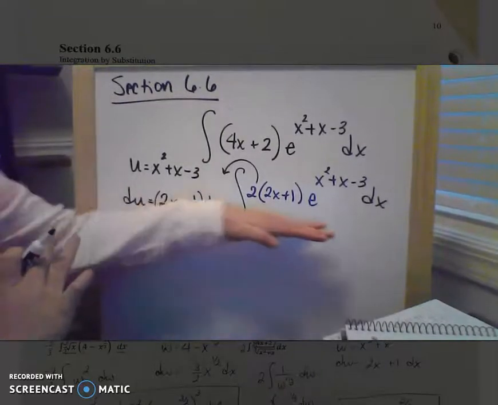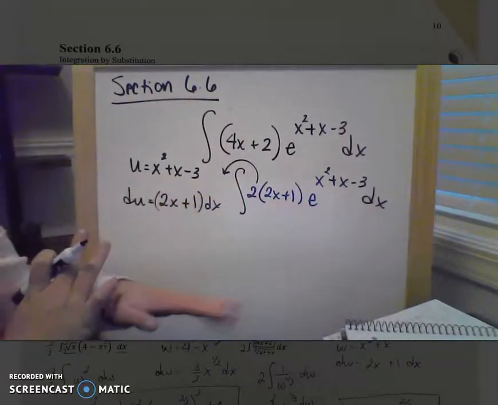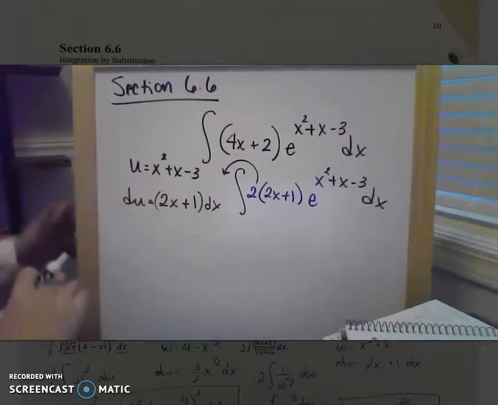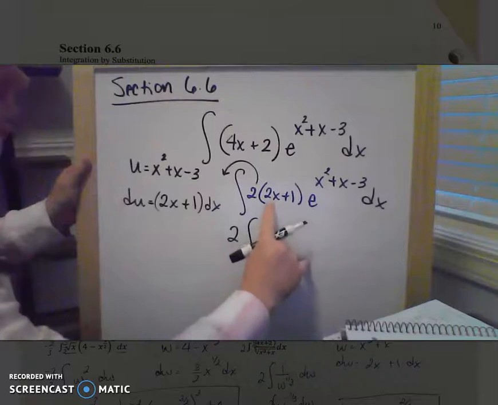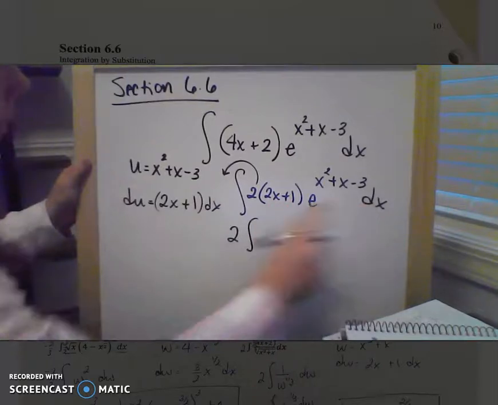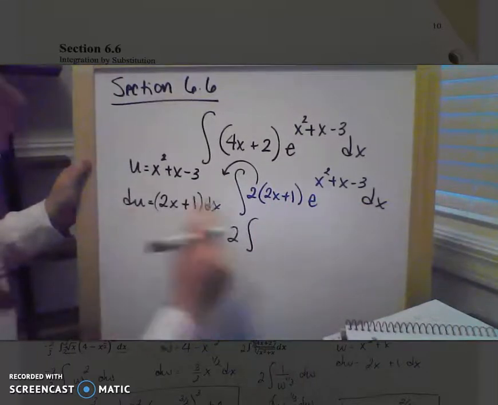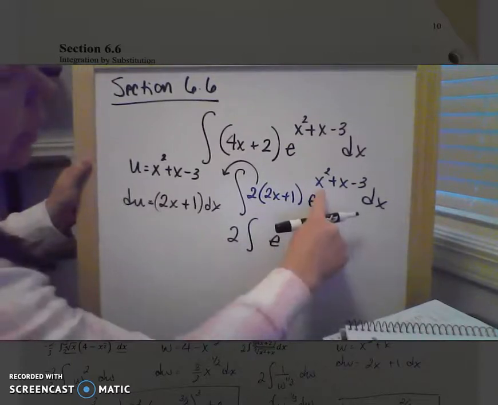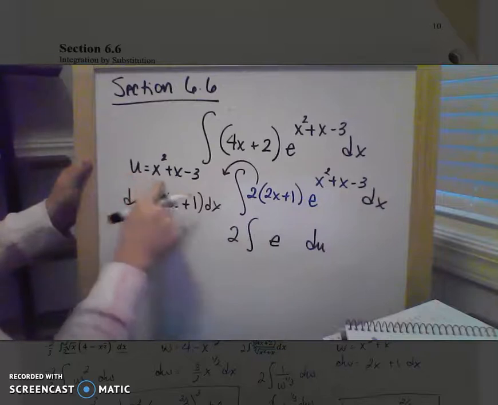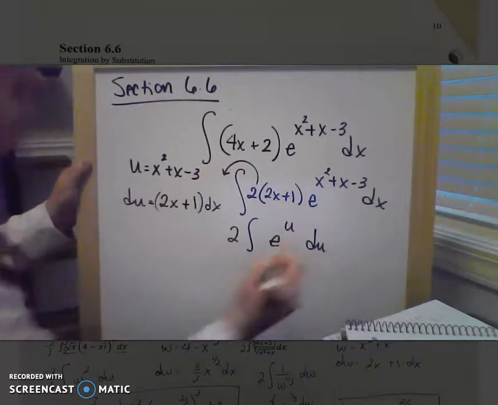You need to be able to rewrite the entire integral in terms of u, and I think we're good to go. So we'll have 2 out here in front of the integral. Now this 2x plus 1 dx is what's getting replaced with the du, and e to that entire polynomial is what's getting replaced with u.